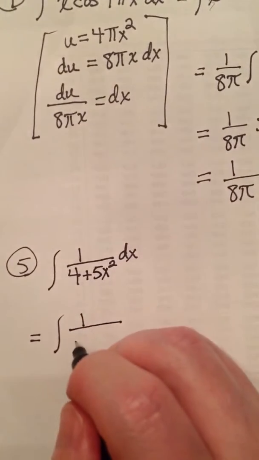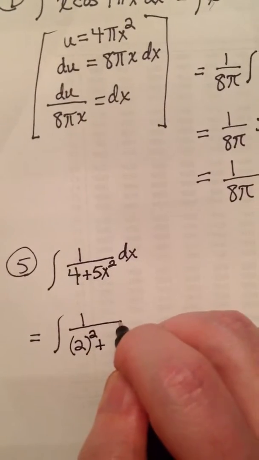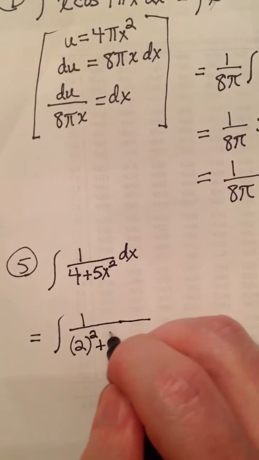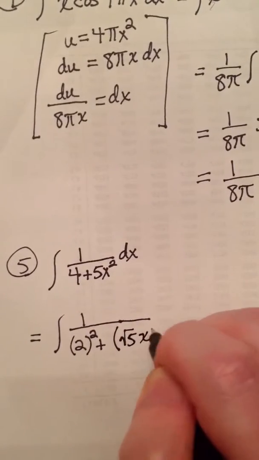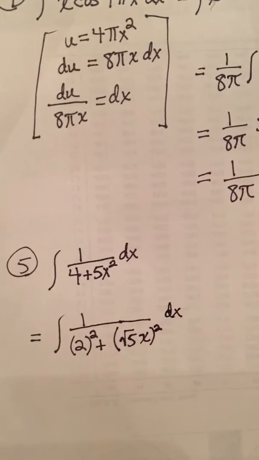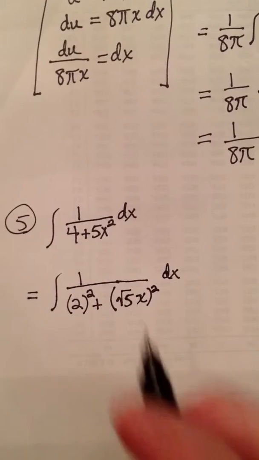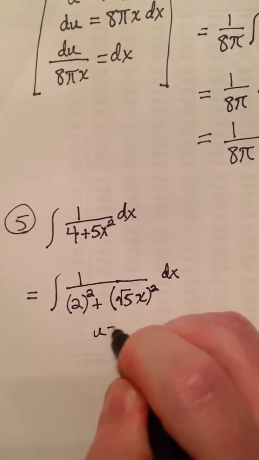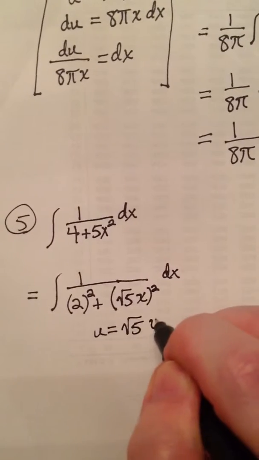And so we have 1 over 2 squared and 5x squared. Now 5x squared is the perfect square of the square root of 5 times x. And because the quantity in x has a derivative other than 1, you're looking at principles of substitution, and again we can set u for the x term that is quantified.